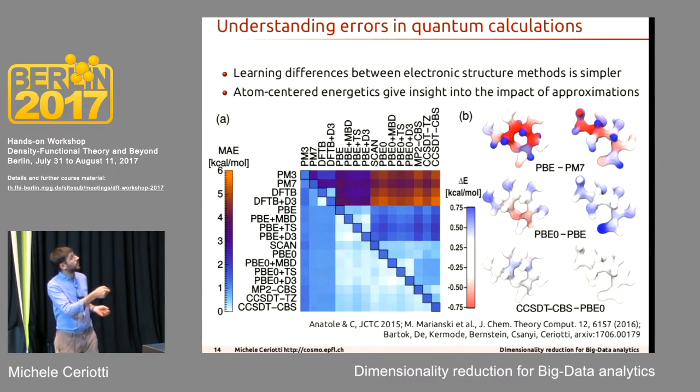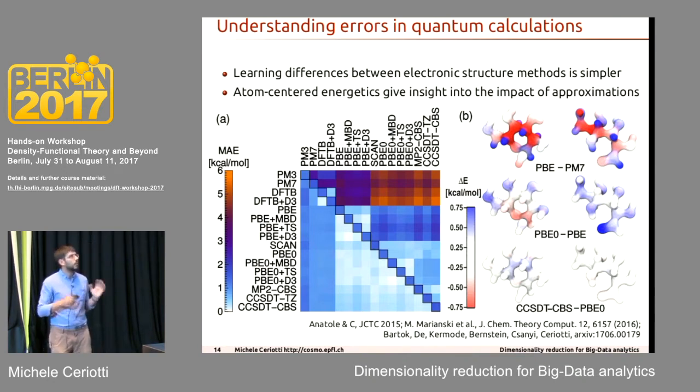If you look at something like the difference between hybrid and the GGA, you see that the discrepancies are much more regular, and you see that there is a large error in particular associated with the closing of the ring in the glucose molecule. So basically what you understand from here is that exact exchange is very important to describe the energetics of this ring opening process.